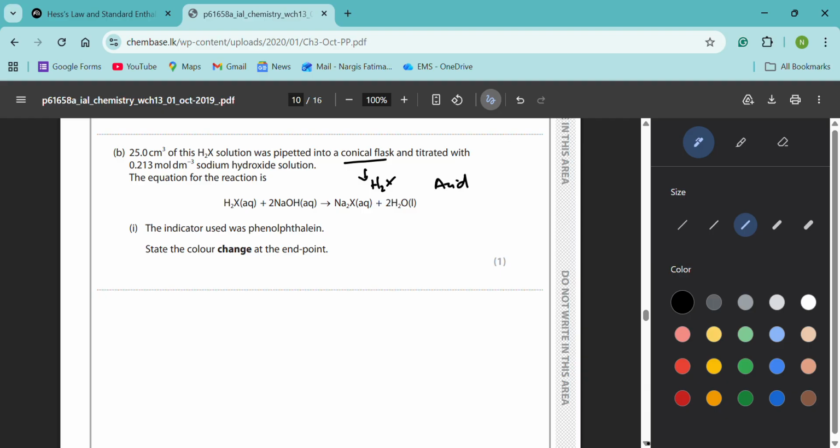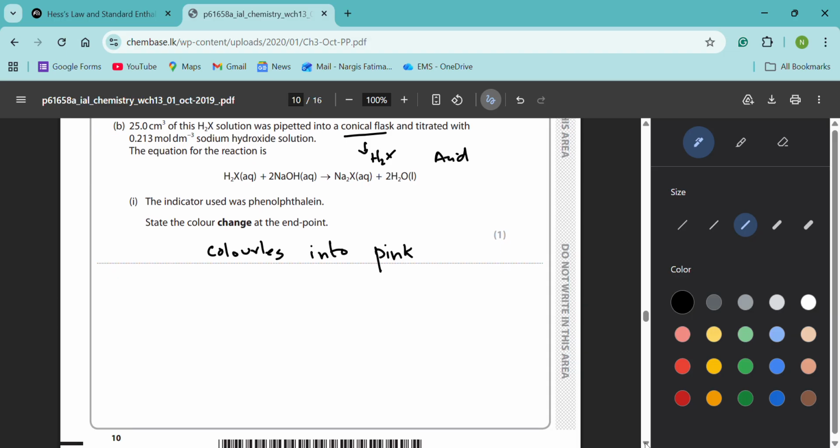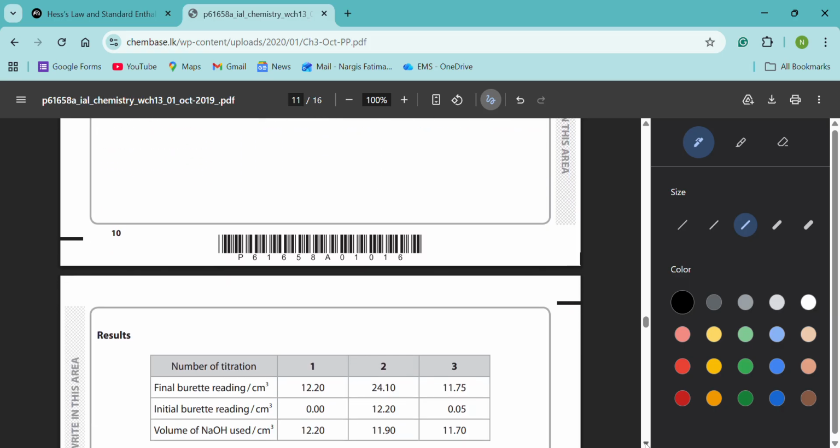So you are adding phenolphthalein into the conical flask. The color of phenolphthalein in acid is colorless. And when you add alkali from the burette into the conical flask, the color will change to pink at the end point, because phenolphthalein is colorless in acid and gives pink color in alkali.